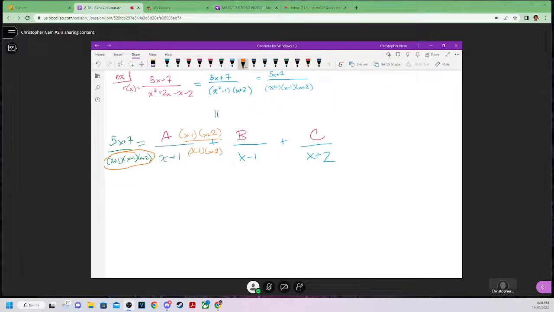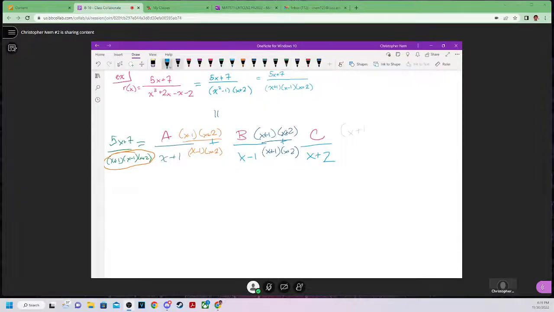Okay? Now let's look at the b term. What do I need to multiply that by to get to the least common denominator? Well, it has an x minus 1, so I need to multiply by x plus 1 times x plus 2 all over x plus 1 times x plus 2. So far, so good. The c term, I need to multiply that by x plus 1.